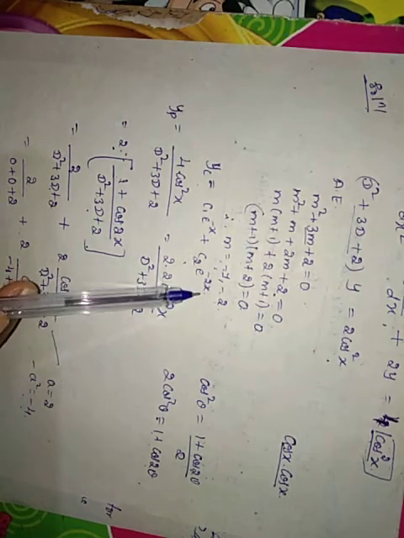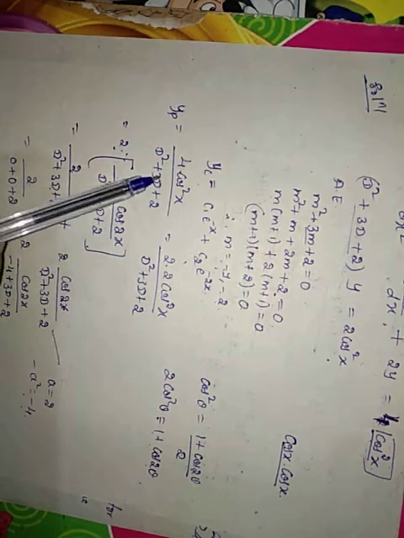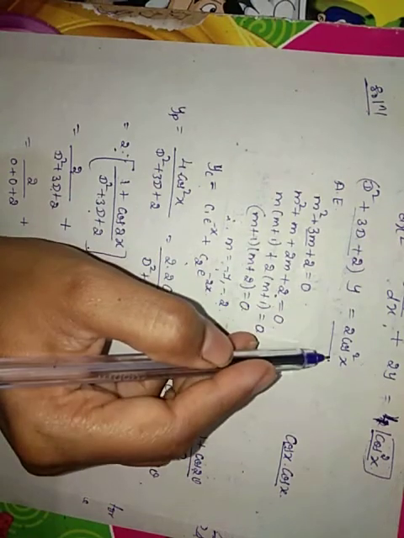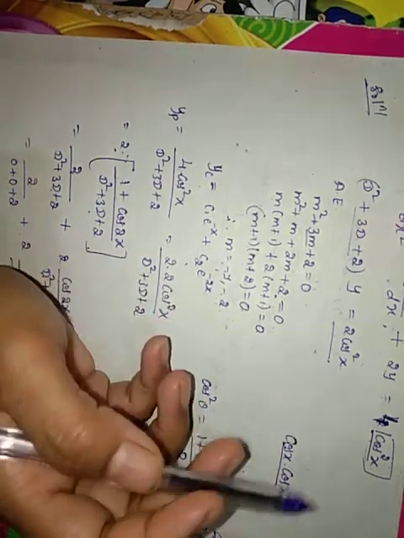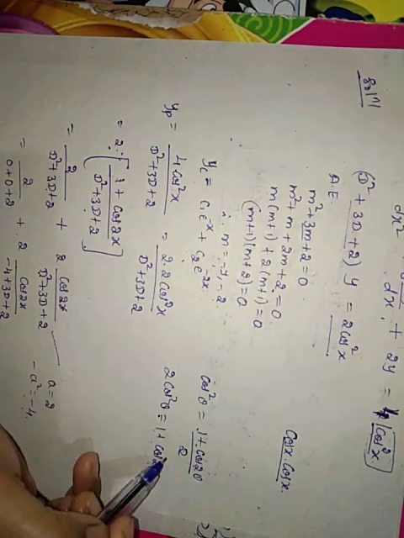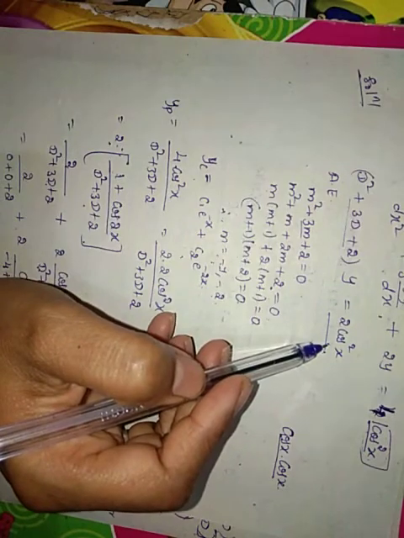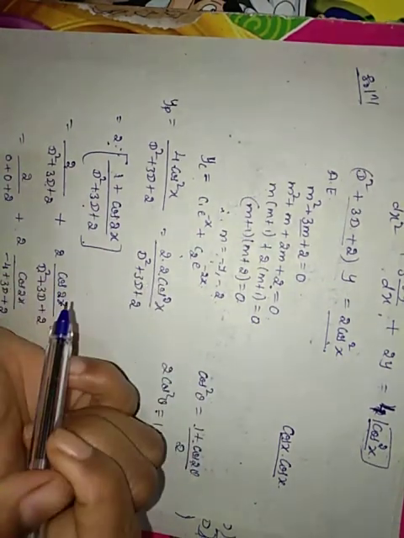After finding the complementary function, we have to move to the particular integral. Don't get confused when the function is in the form of cos square or sin square, because sin square is equal to 1 minus cos 2 theta by 2, that formula we will use. Whenever the RHS is cos square or sin square, it also comes under this type 2 examples.